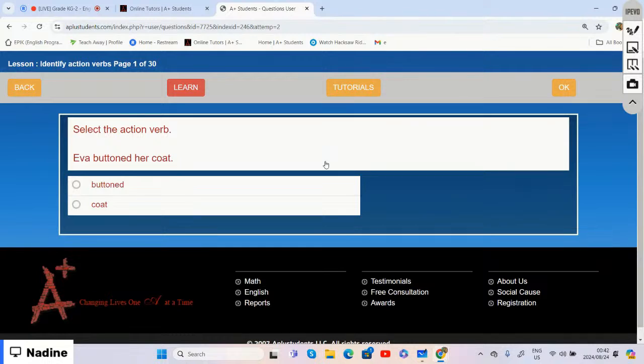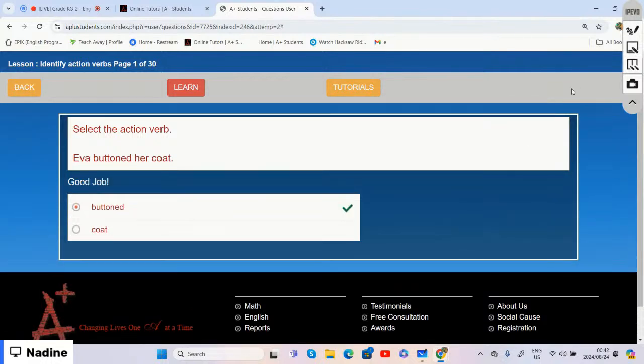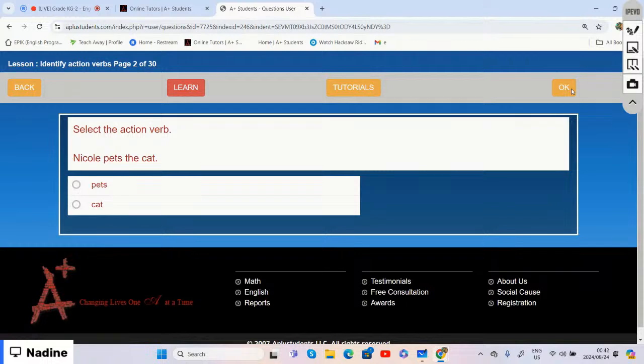All right, and if we choose the correct action verb, we can say Eva buttoned her coat. So buttoned is our correct action verb. All right, so buttoned is correct.